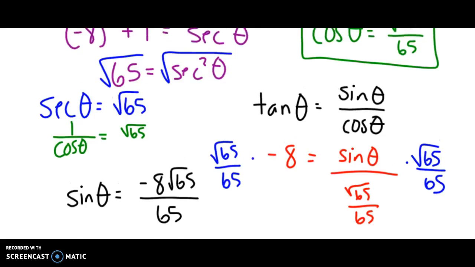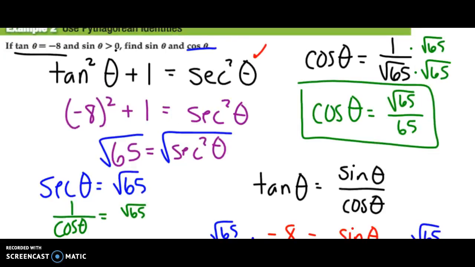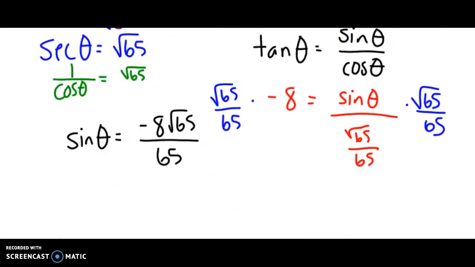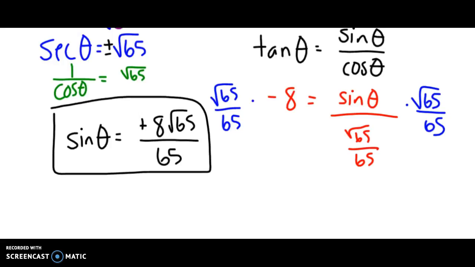And actually earlier it said that it's going to be greater than 0. So since this is negative, we can make it positive because when we took the square root of this earlier, this could be plus or minus. So there we are.